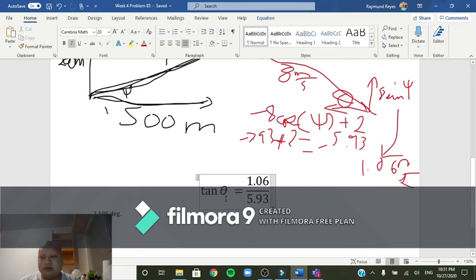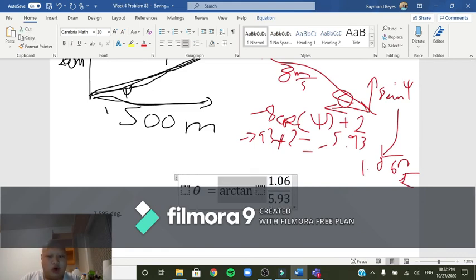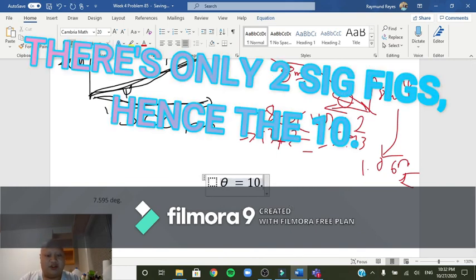We're looking for the angle, so we can't just stop at tangent theta. We have to get the arctangent of this number in order to get theta. When I calculated, I got 10 point degrees.